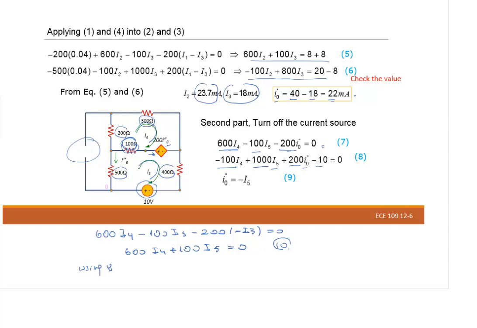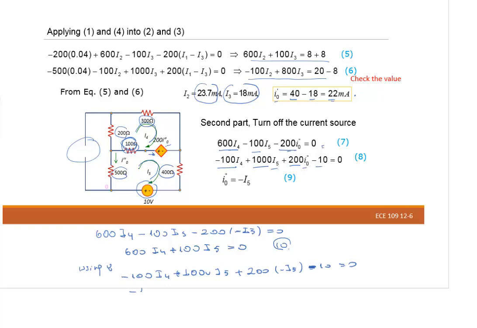Using that, we have here negative 100 I4 plus 1000 I5 plus 200 negative I5 minus 10 equals 0.